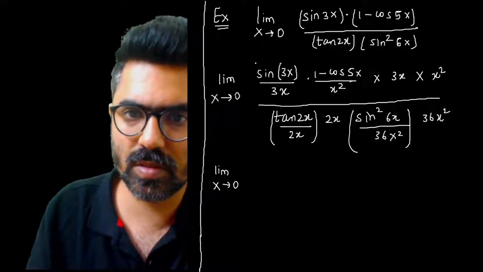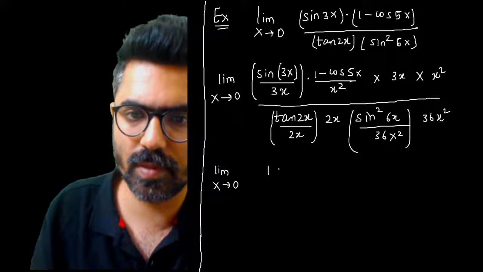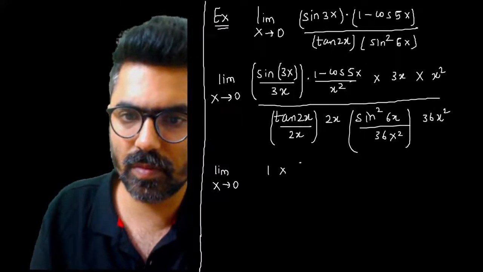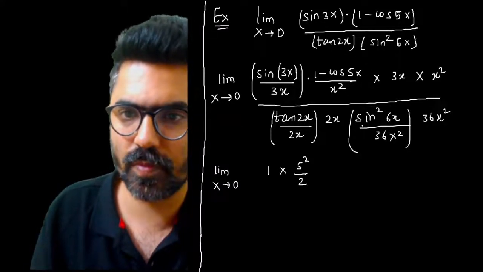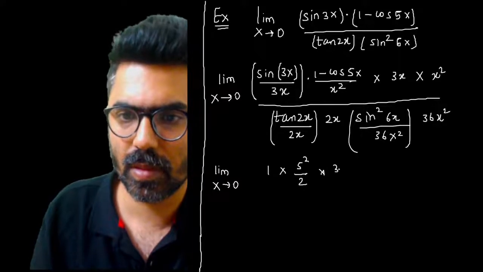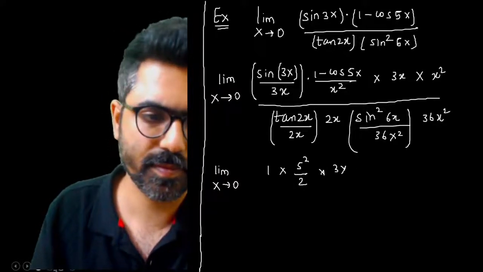Now limit x tends to 0. So this sin 3x into 3x is 1. This is k square by 2. This is 3x.